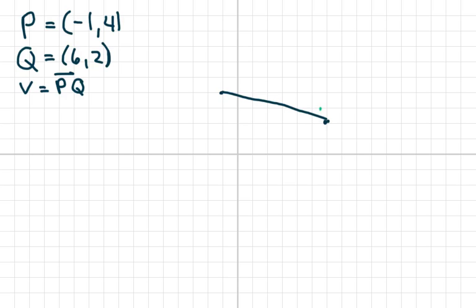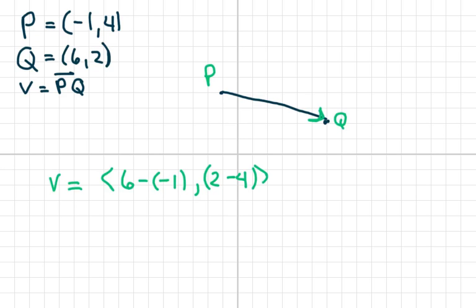Okay, this one, this is your P, this is your Q. So we're going to have the vector equals 6 minus a negative 1 and 2 minus 4, which gives you 7 comma negative 2, or 7i minus 2j.